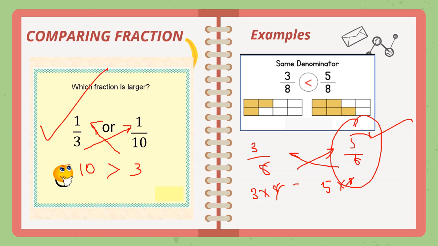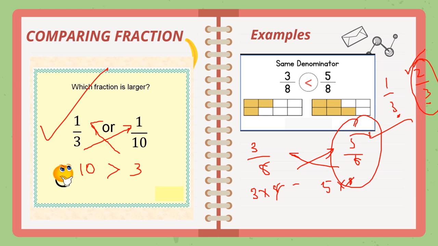Simple. For example, if I take 1 by 3 and 2 by 3, blindfolded I can say that 2 by 3 is my bigger fraction because it has the same denominator. 3 and 3 are the same denominator. I need not do any other calculation. I can just compare 1 and 2 and say whichever is greater. Or let's take another example.